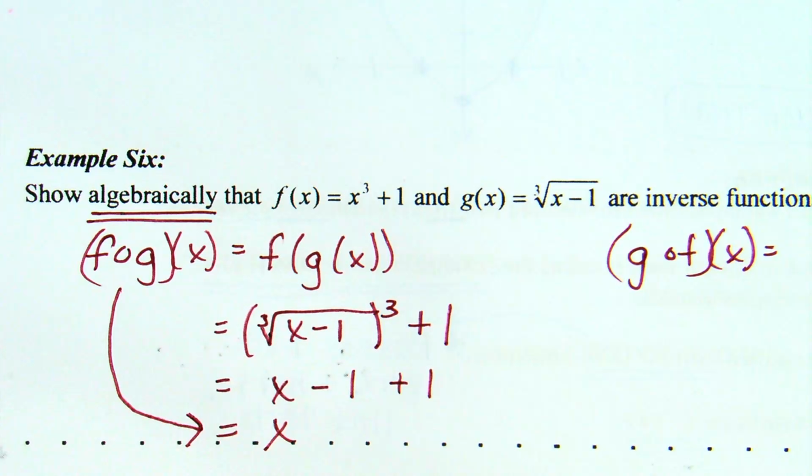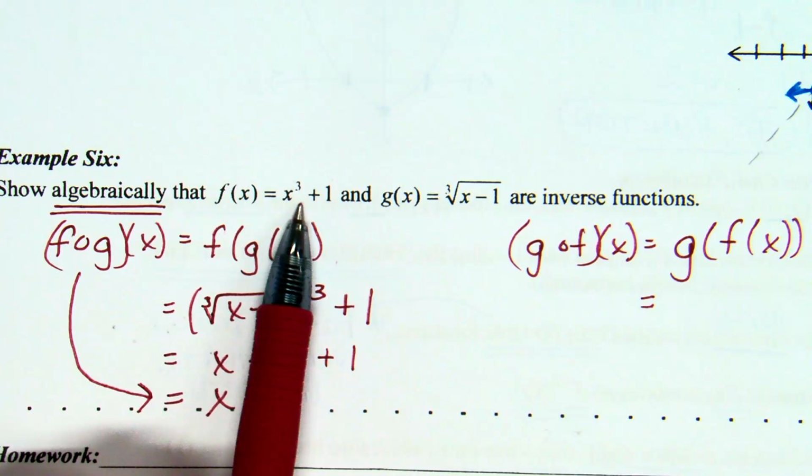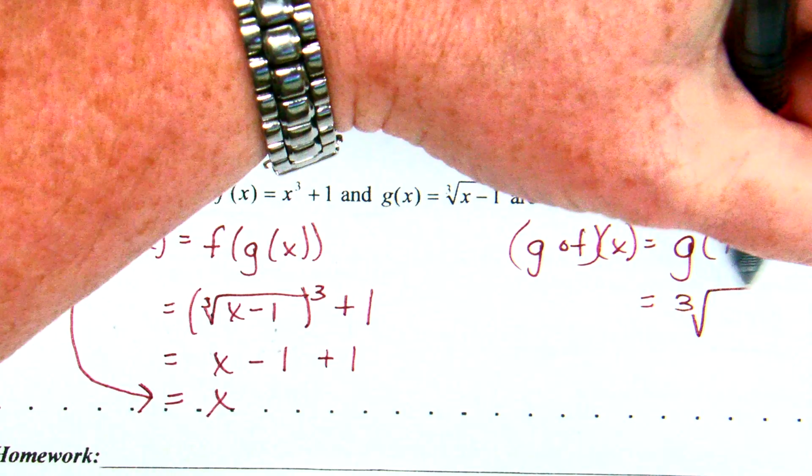Now, if these are inverses of each other, it has to work both ways, which means we now have to show g of f. What does g of f mean? g of f of x. So that means f into g. So that means x cubed plus 1 into g. So g is the cube root of x minus 1.